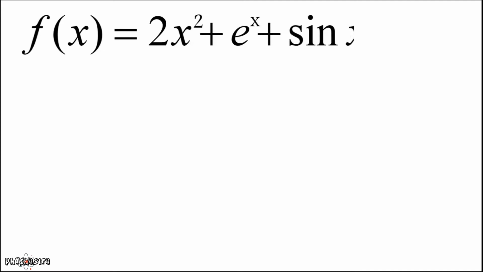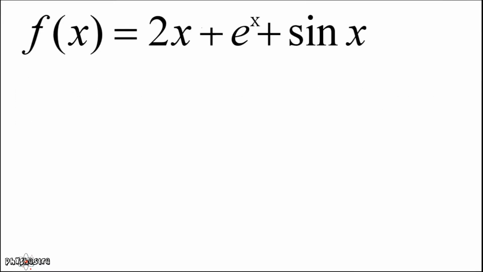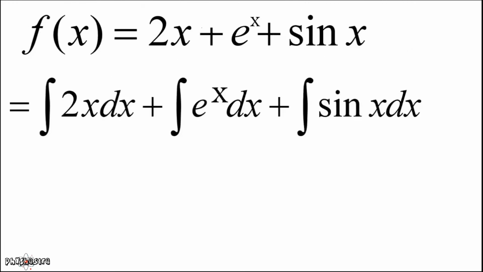Let us take a function f of x equals 2x plus e raised to x plus sin of x and find its integration. Applying the sloppy S sign, the integral sign, on both sides. Now applying the distributive property to the whole equation, we apply the formula for all three one by one.